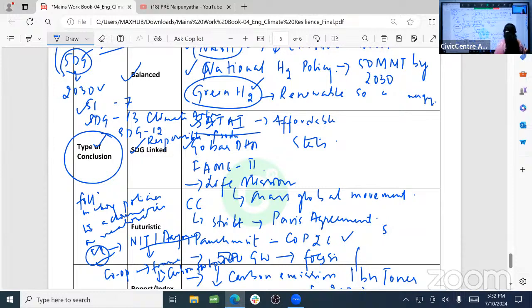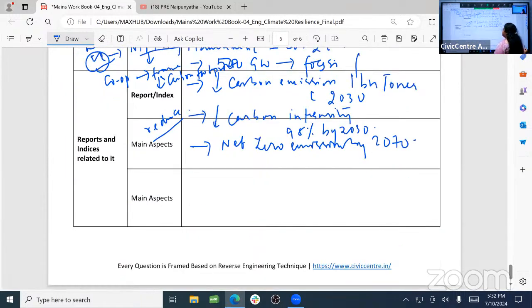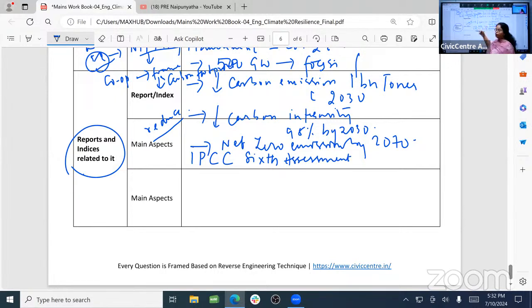Now, if you ask what is the use of these reports and indices related to the topic, these boxes that are present in the template: you can write here the Intergovernmental Panel on Climate Change 6th Assessment Report, which you will go through to understand and use the data or statistics for climate change.